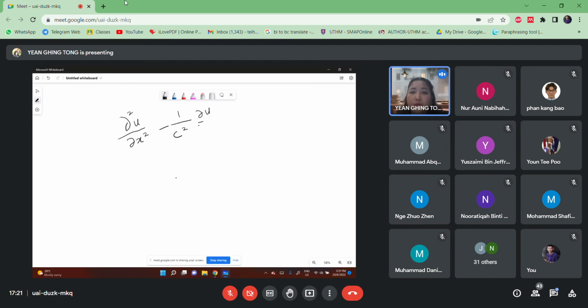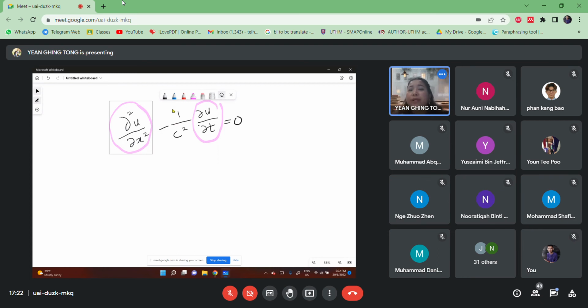Del u del t equal to 0. Okay. Yang ni tak semestinya, it can be any value. Okay. So, tapi apa yang awak kena tengok adalah, we have second derivative of u respect to x and first derivative of u respect to t. Yang ni yang perlu tengok. Yang lain, yang tengah ni value apa tak kisah. Sebab nanti we can substitute the value.